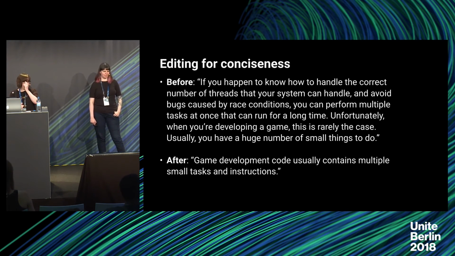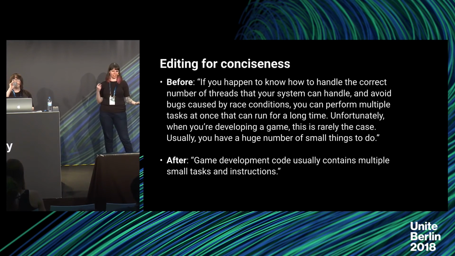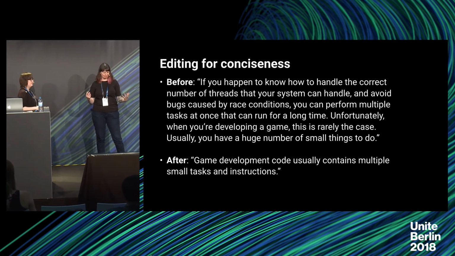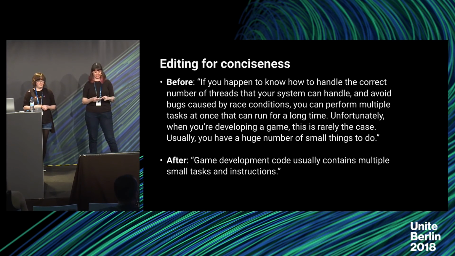Okay, an example here of editing for conciseness. This example comes from some draft documentation that was being worked on recently within Unity. And the before here reads, if you happen to know how to handle the correct number of threads that your system can handle and avoid bugs caused by race conditions, you can perform multiple tasks at once that can run for a long time.